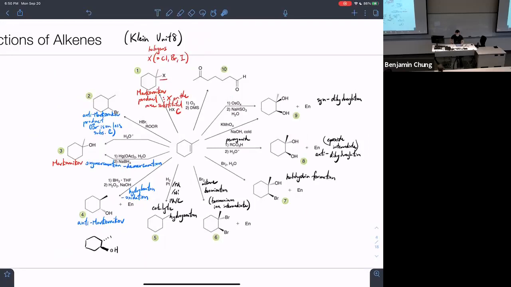And then finally, we have ozonolysis. And ozonolysis might look a little scary at first because this here looks very different than this here. But essentially, what you can think about it is you're just chopping this alkene bond in half, and then you're adding oxygen atoms on each end of those carbons.